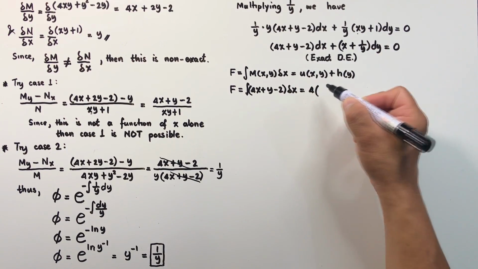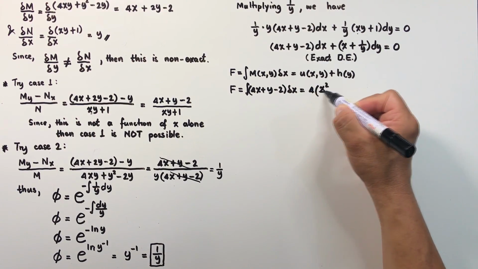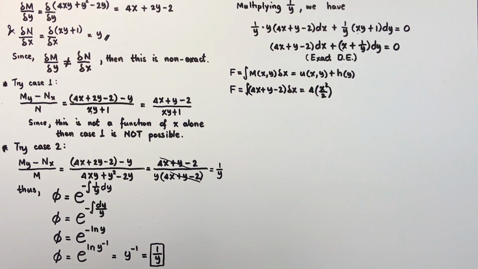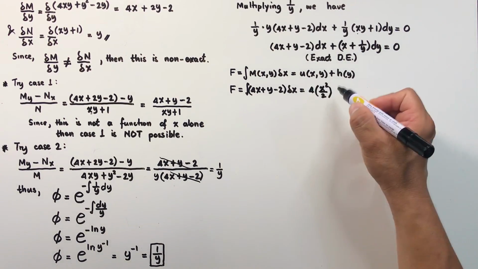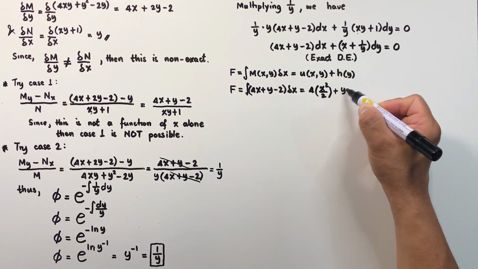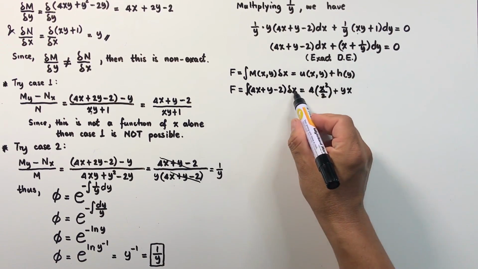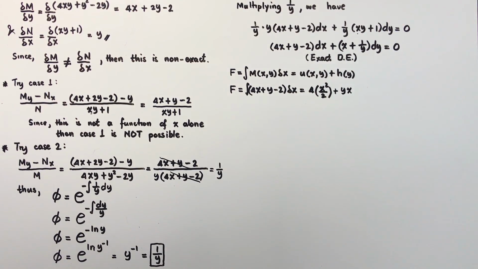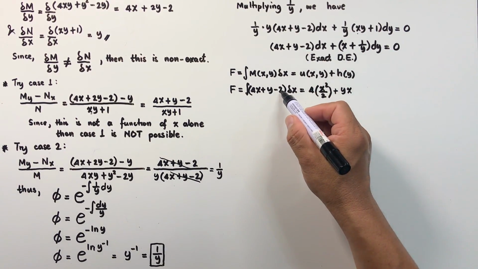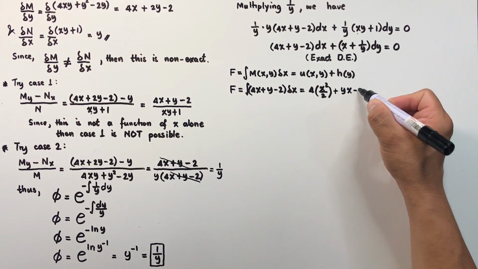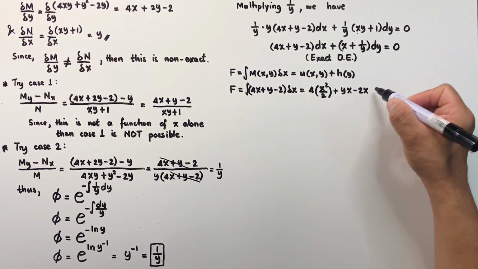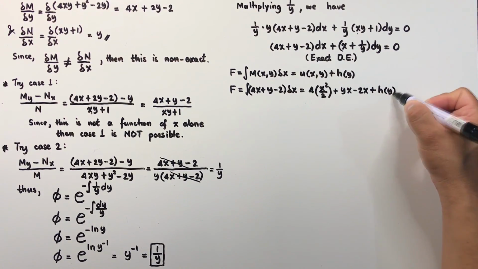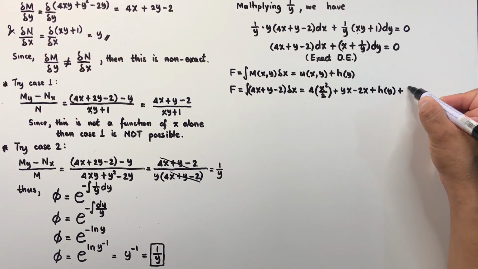4 times x squared over 2, because the integral of x is x squared over 2, and the integral of y is yx with respect to x, because y here is treated like a constant, and the integral of negative 2 with respect to x is minus 2x, and this is added to our h of y plus the constant of integration c.